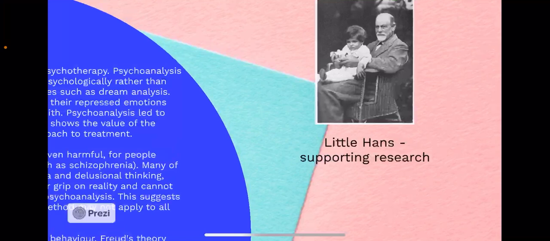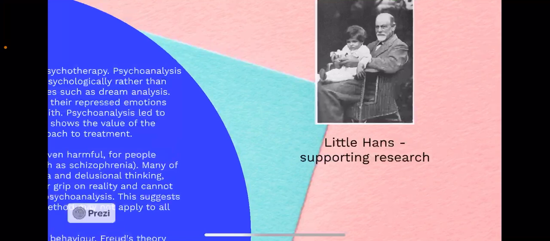His father wrote letters to Freud, and Freud interpreted these letters as to mean that Little Hans actually was going through the Oedipus complex. Within the Oedipus complex, the key thing is for a child to relate to their same-sex parent.